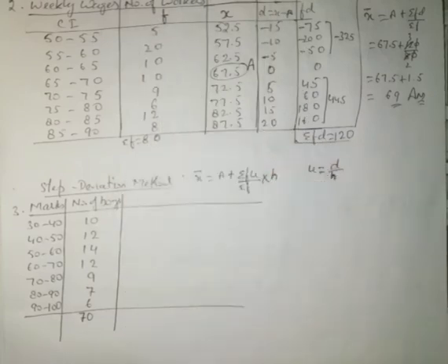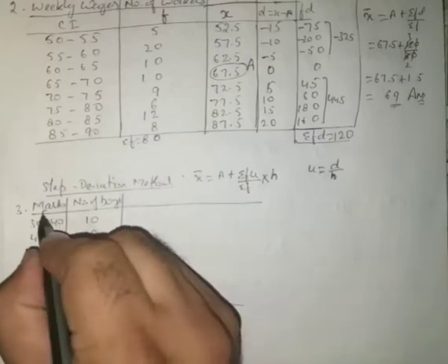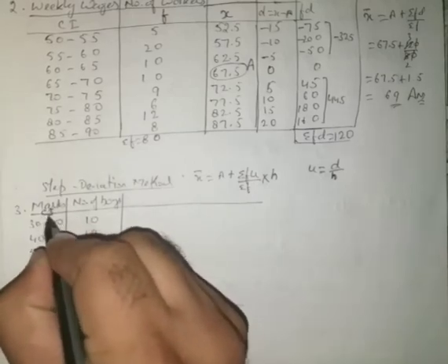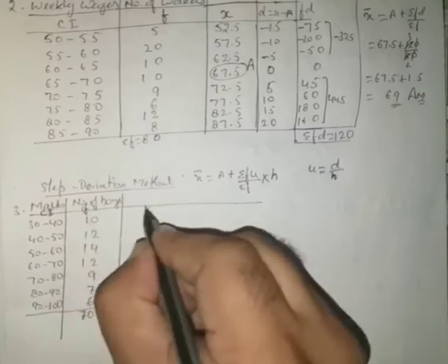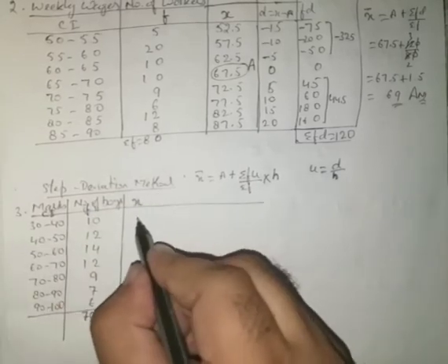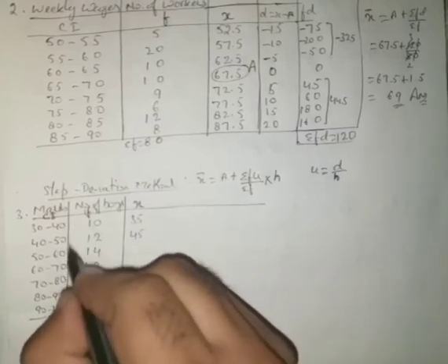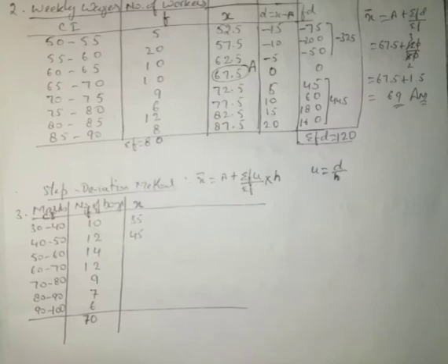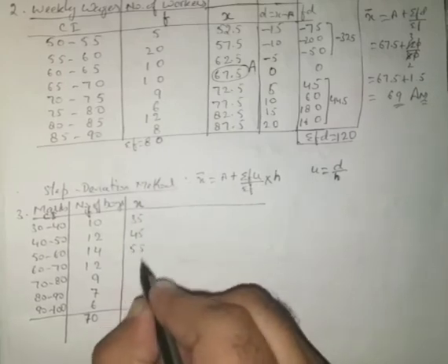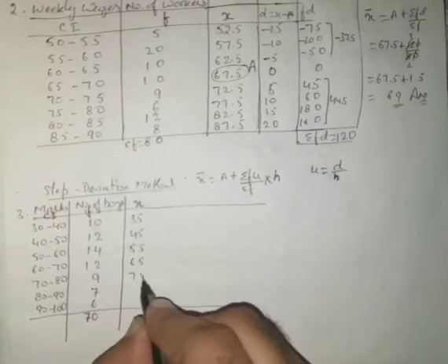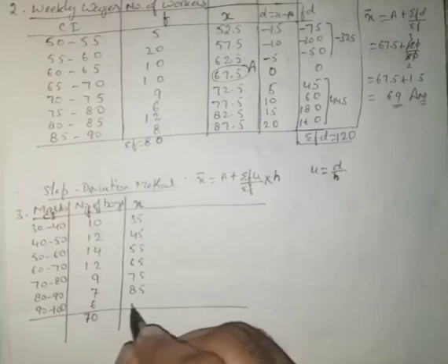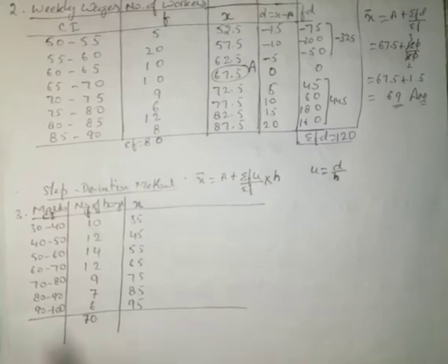Now let us move on to the procedure. Here marks are once again given as class intervals, and this is the frequency f. Now I need x. So x will be the middle of these. For 30 to 40, the middle value will be 35. Then the difference between these is 10. So 45, 55, then 65, 75, 85, and then 95.